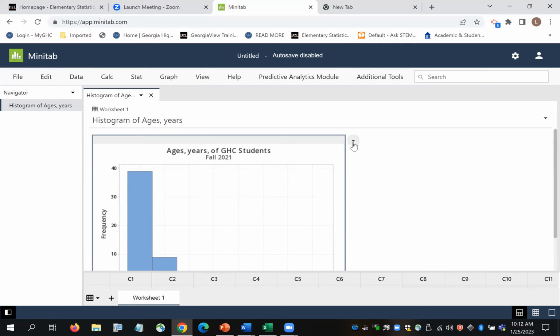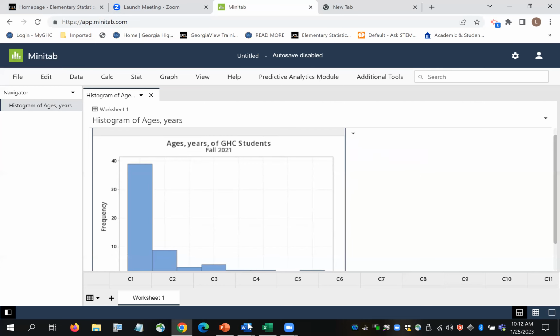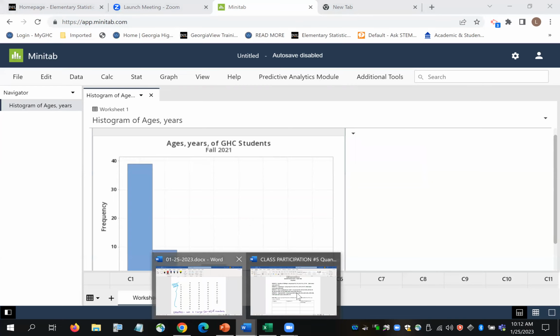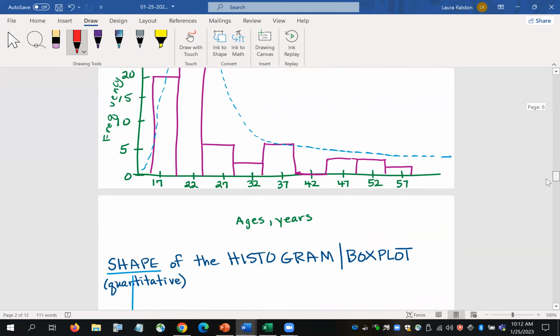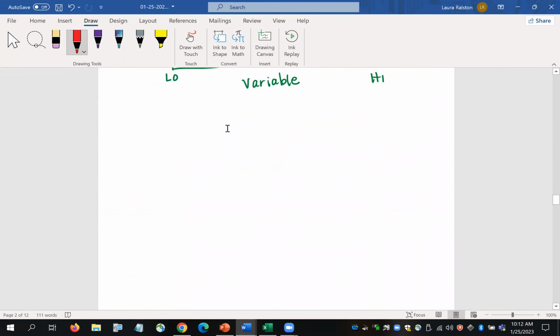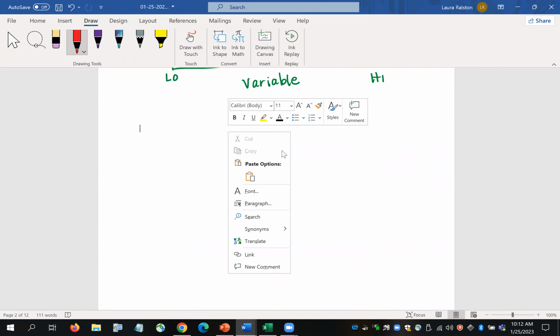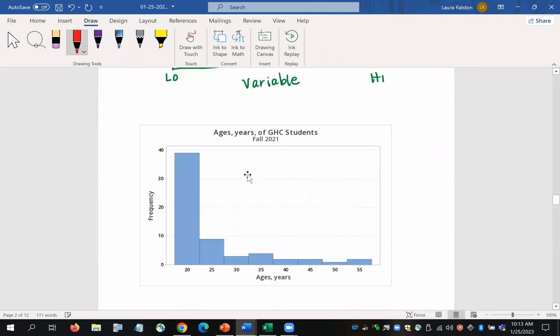Again, I'm using the triangle in the upper right corner, and I want to tell it to copy. I want to copy the graph, and then I'm going over to my document, whatever document that is. And I paste. Now, once I paste it, it's no longer interactive, but it's in the document.